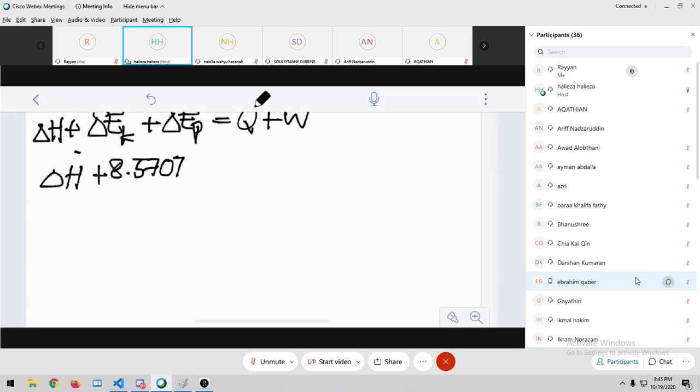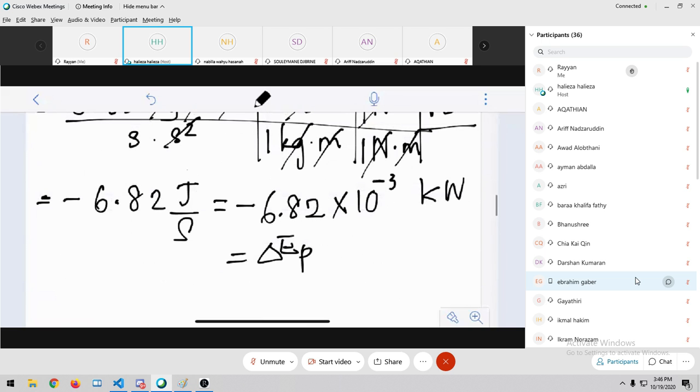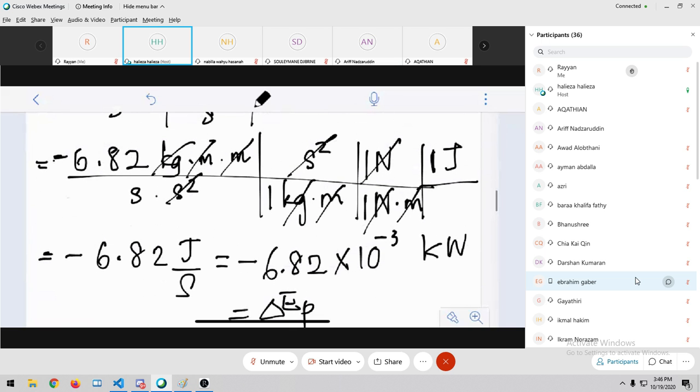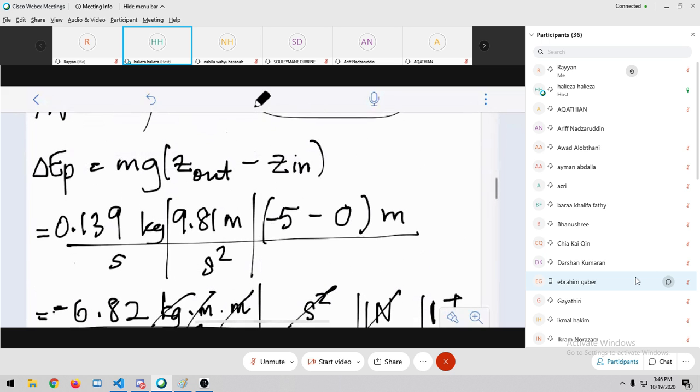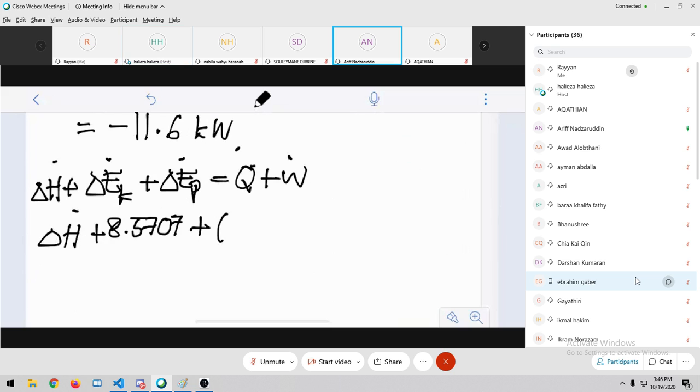Potential energy, I'm scrolling up. You guys got it written, you should help me with this. Negative 6.81 times 10 to the power of negative 3.